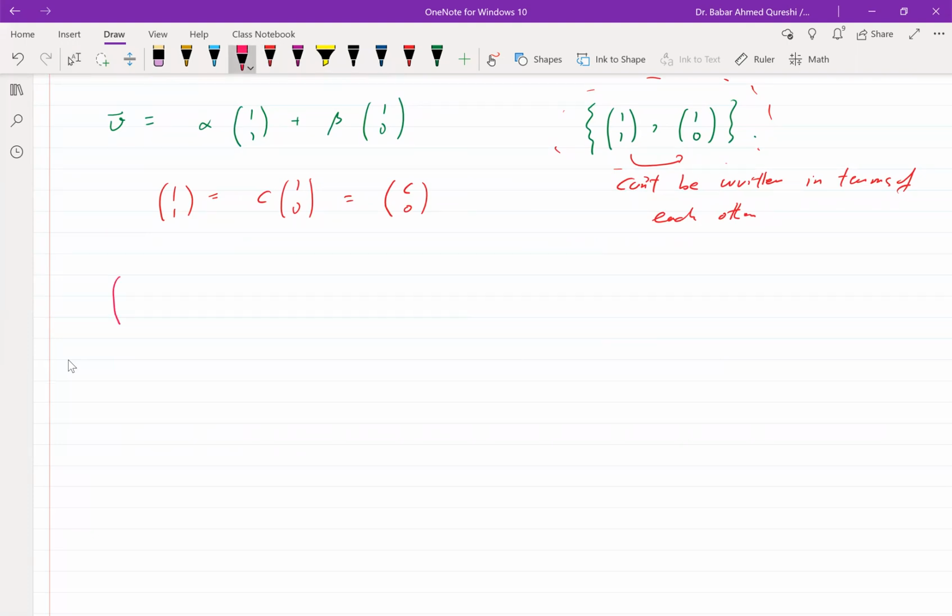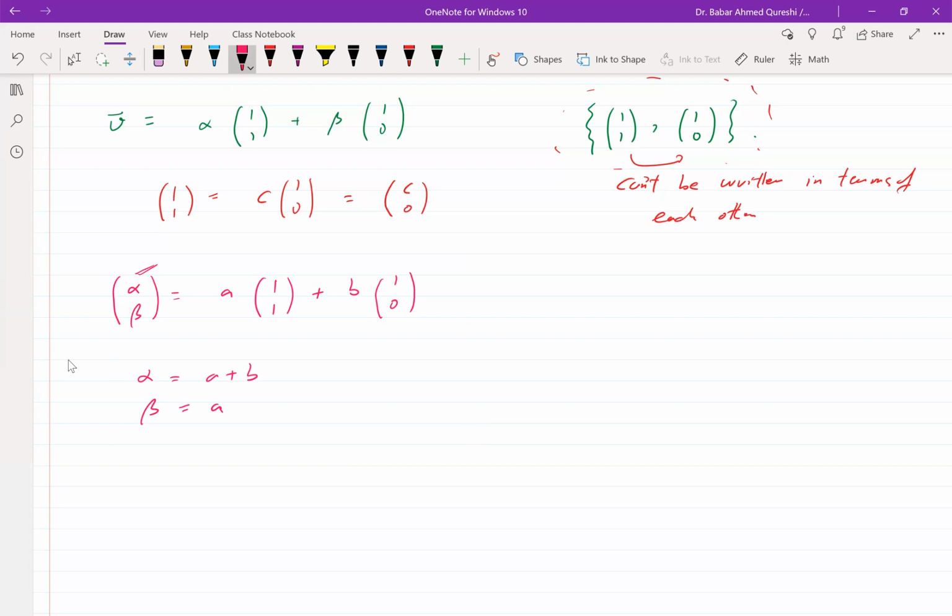If I'm given any element (alpha, beta) of R2, we can quickly check that it is indeed a spanning set, because we can choose A and B so that I construct this vector over here.